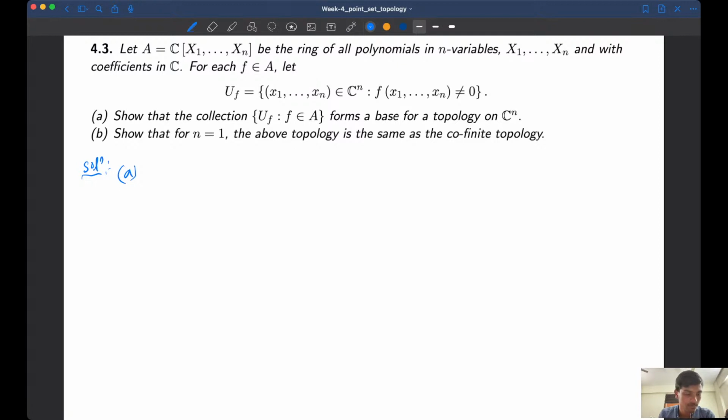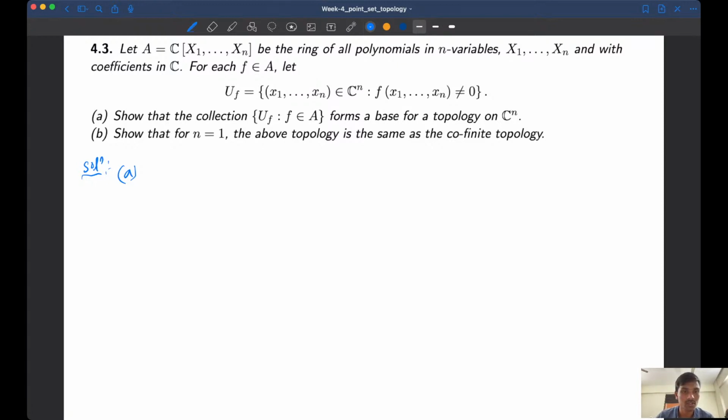I think we can just apply the definition. Yeah, so again to prove this forms a basis for some topology on Cn, we have to first prove that the union of all this collection is totally Cn. And second, if I take the intersection of any two elements from here, then for each point there should be some element of this collection which is contained in the intersection, right?